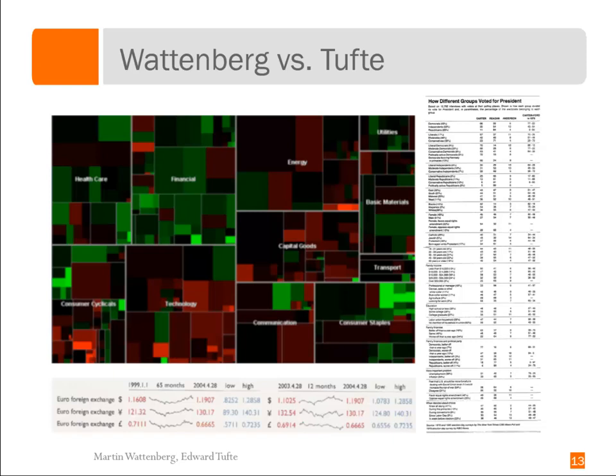What Tufte is speaking to, he's trying to solve a little bit different problem in that he wants to provide as much information as possible on everything that's gone on with a particular share of stock to give you a feel for perhaps what the low price was over the last 52 weeks, what the high price was, what the pattern was over that year with the spark line, and maybe what the beginning price was at the beginning of the year and the ending price at the end of the year.